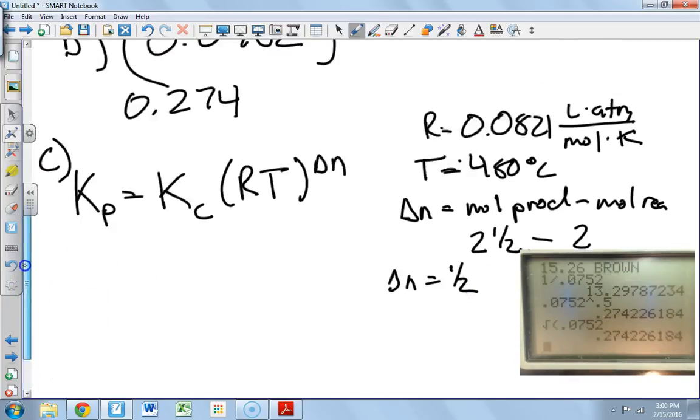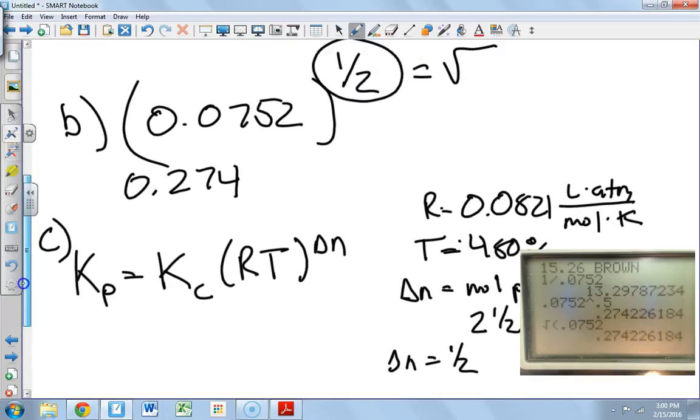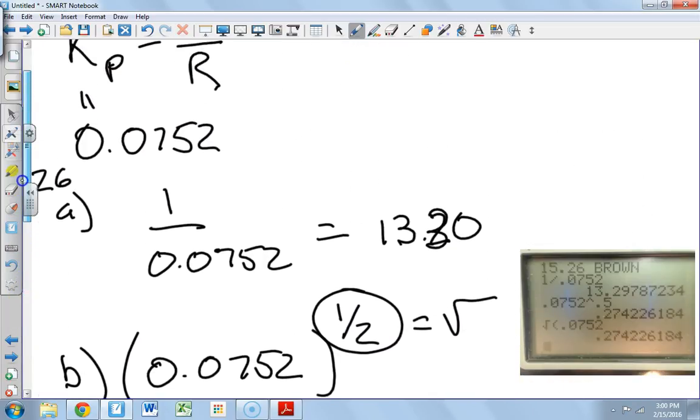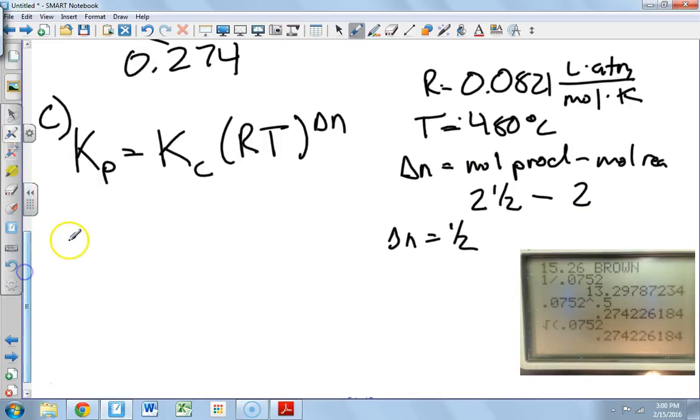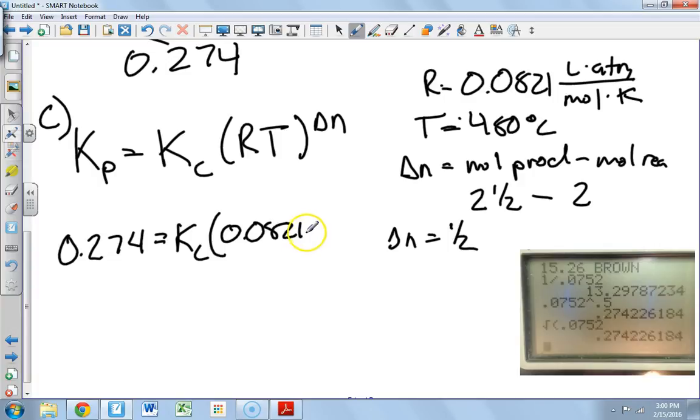Now Kp equals Kc (RT) to the delta n. What were we given in the problem? Kp. So Kp is now 0.274 equals Kc, which we're trying to find, times R, 0.0821, times T. T is in Celsius, so we need to convert it to Kelvin.